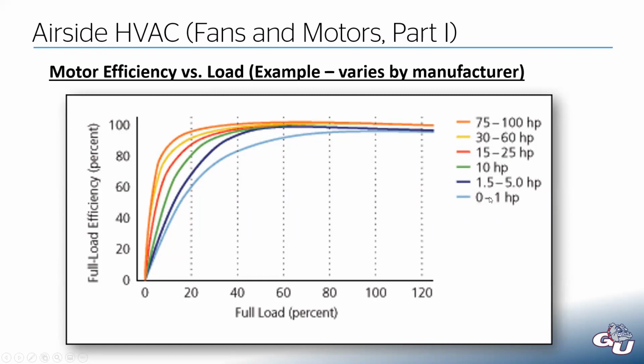But if you look at the 0 to 1 horsepower motors, you can see that it drops off a lot faster. So larger motors tend to be better about it. I'm not entirely sure why. Maybe it's just that a larger motor needs to be built a little more robust. I don't know, but that's the way it is.